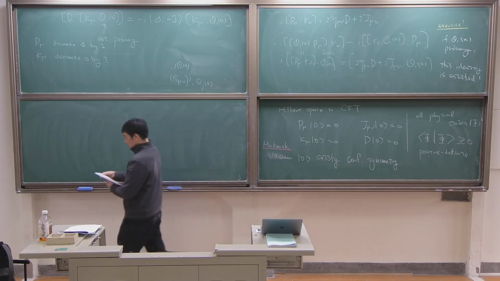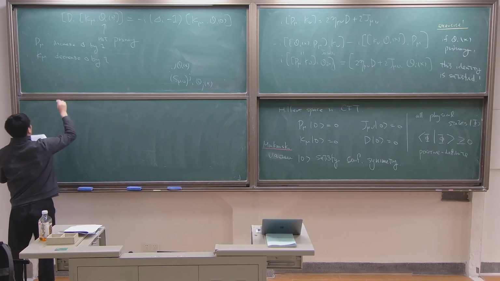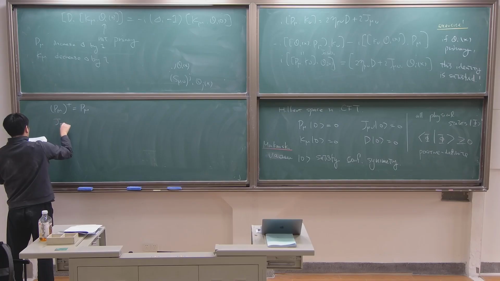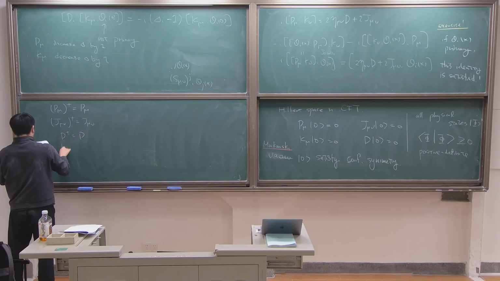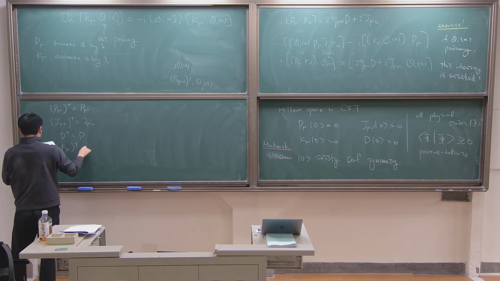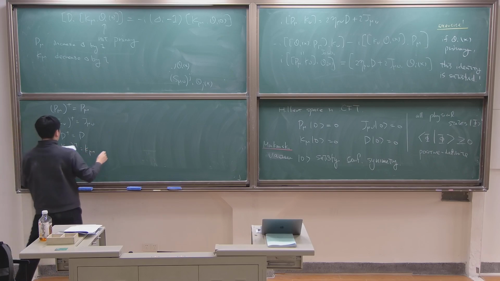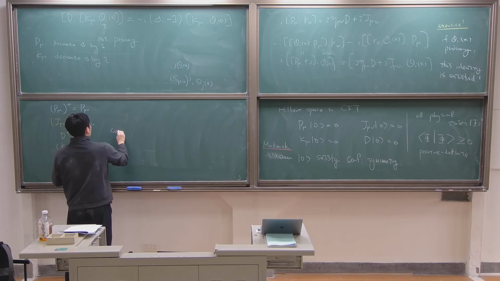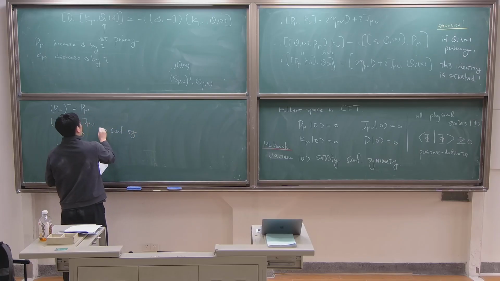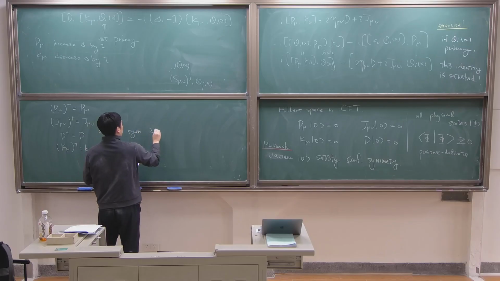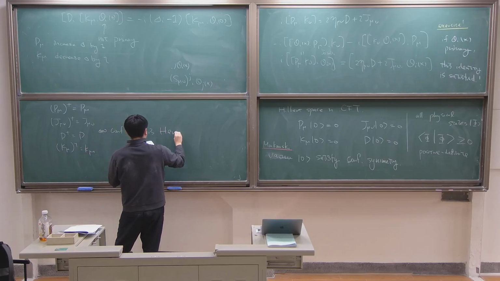In the state space, P mu dagger is equal to P mu. Everything is Hermitian: J mu, D dagger is equal to D, and K mu dagger is equal to K mu. All the conformal symmetry generators are Hermitian.